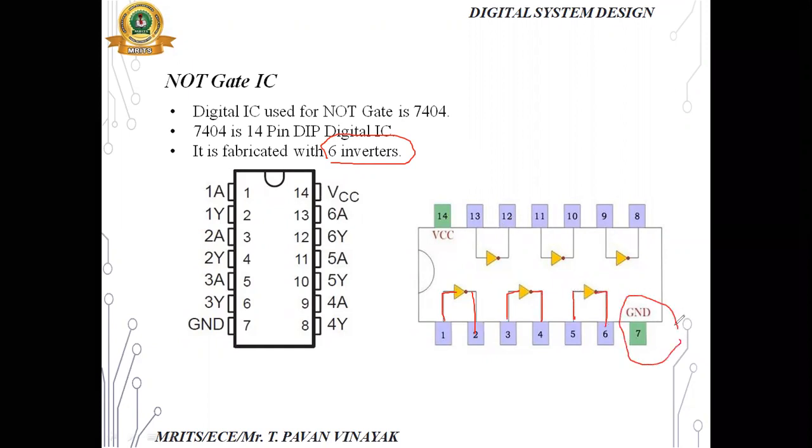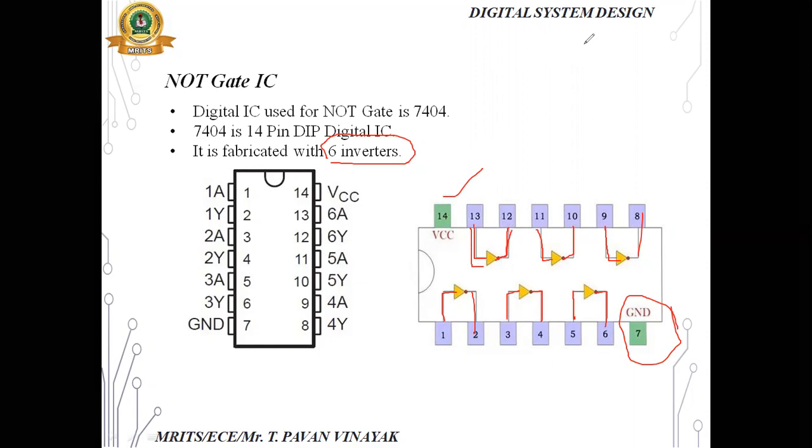And the seventh one is ground. Similarly, 9 input, 8 output. 11 input, 10 output. 13 input, 12 output. 14 is VCC.